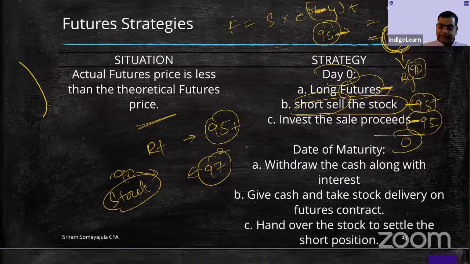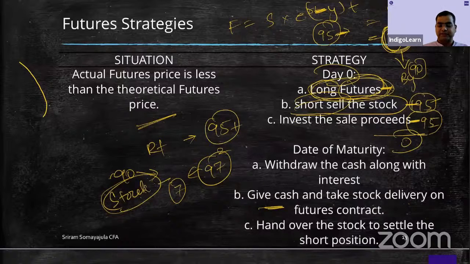You give cash, take delivery of the stock, and that particular stock, which you have short sold to this particular person, you give it back to that person and close the contract, and you make this 7 rupees gain.